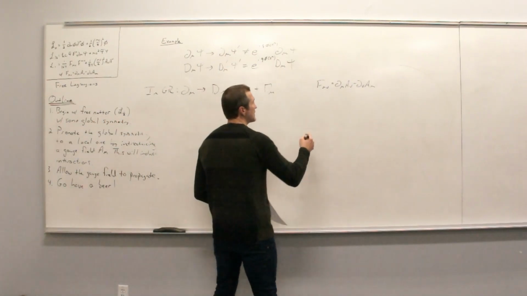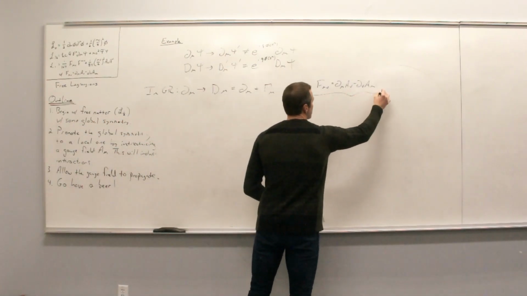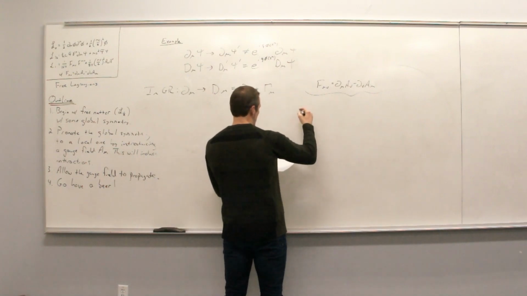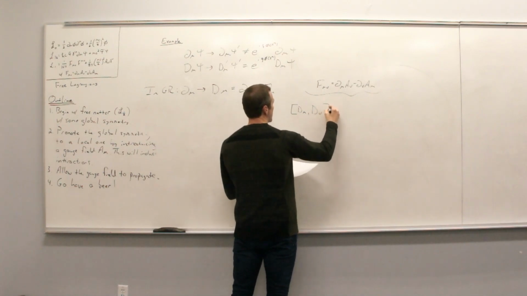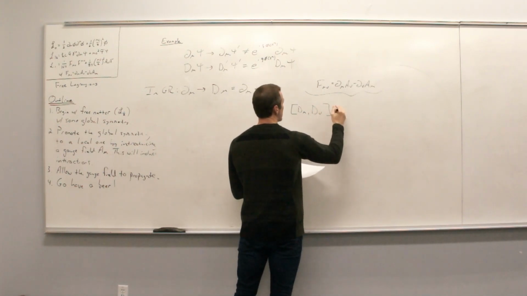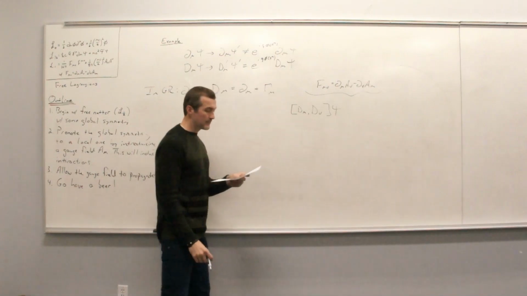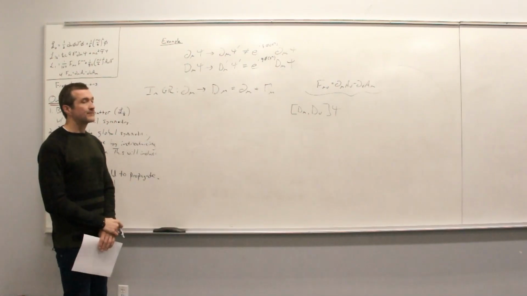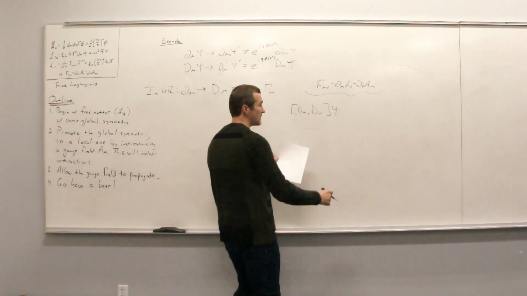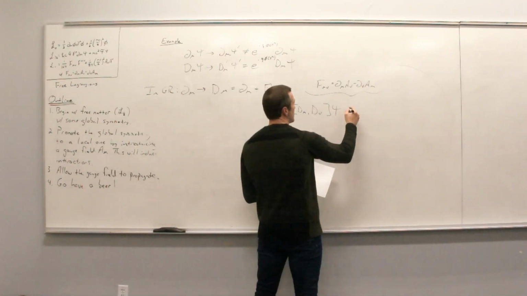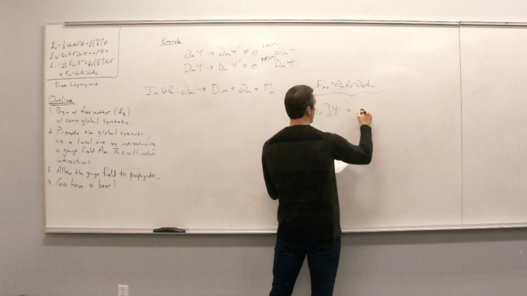And it turns out that if you want to derive this from a starting point, then what you can do is you can take the commutator of 2 covariant derivatives acting on a field psi, and I've got the details worked out on the notes, but I'm just going to write the final result.